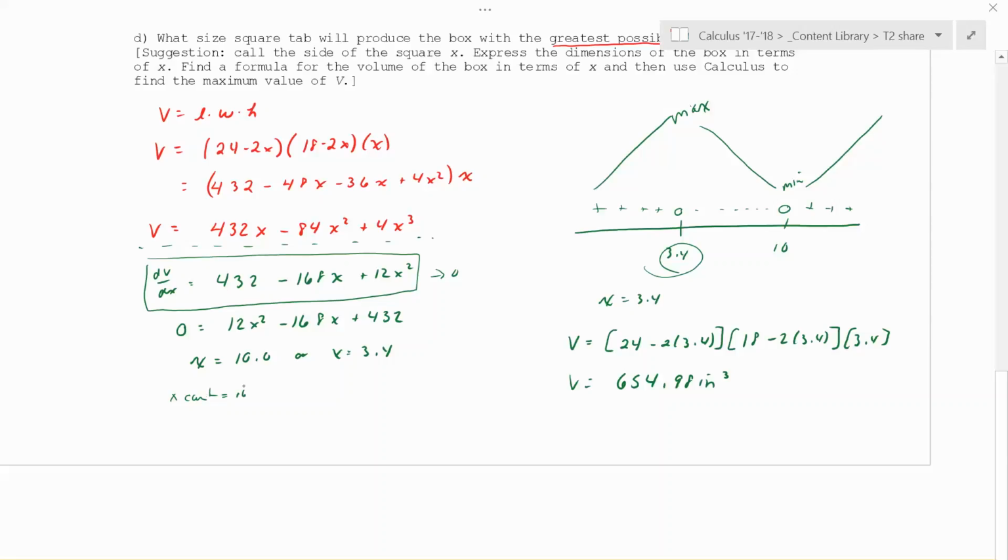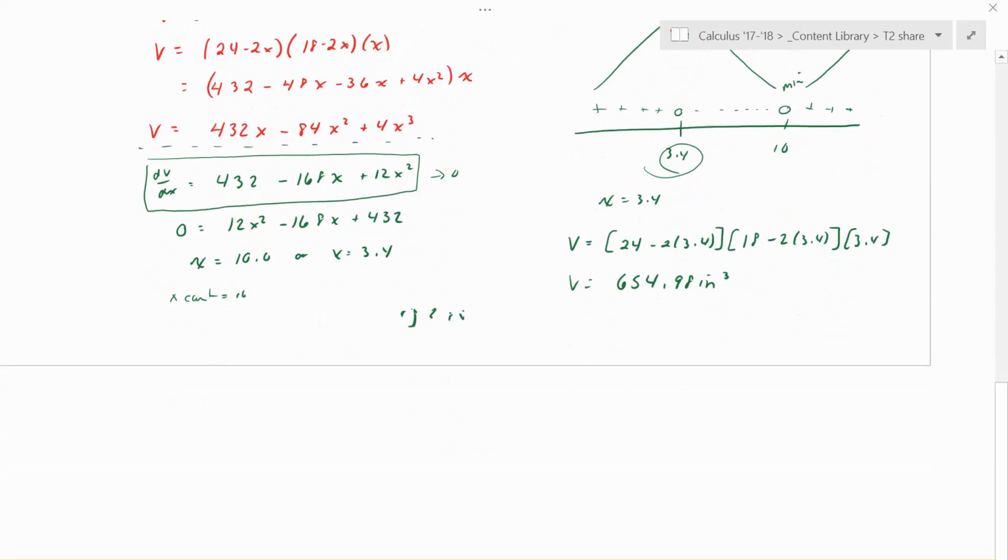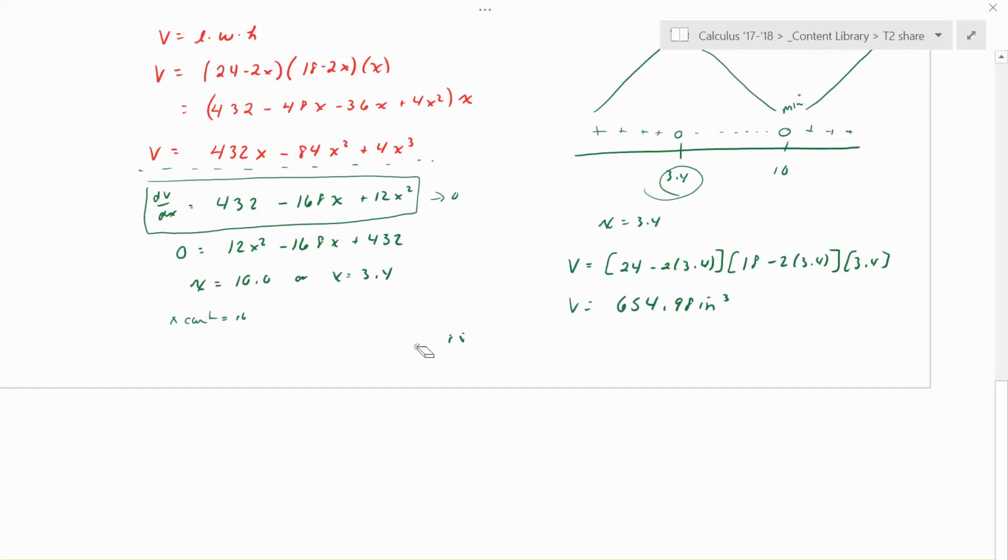So we want to consider what is even allowable for x. So our x values need to be something bigger than 0, because if you don't cut off something, then I don't have any box at all. And the largest that I could cut off is half of that width, which is 9, and so I'm going to cut off something slightly less than that.